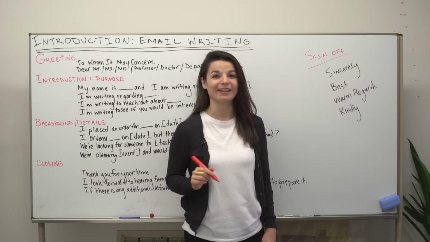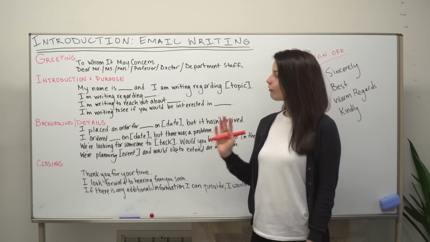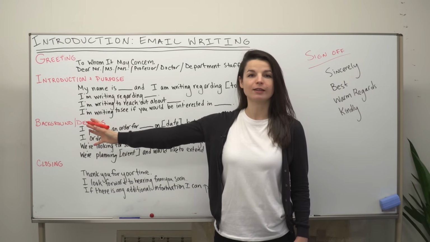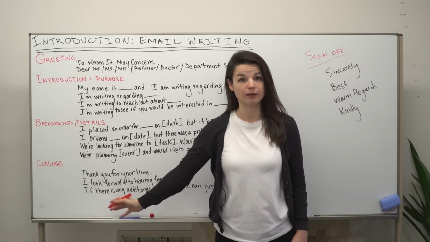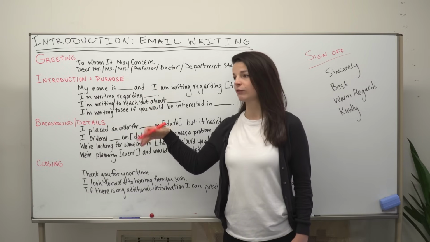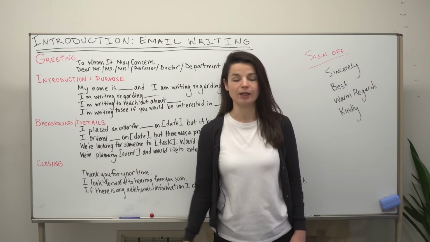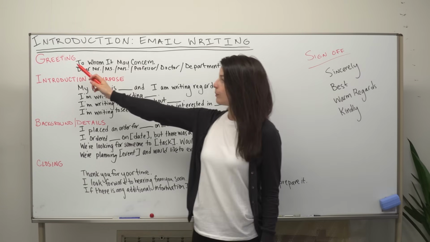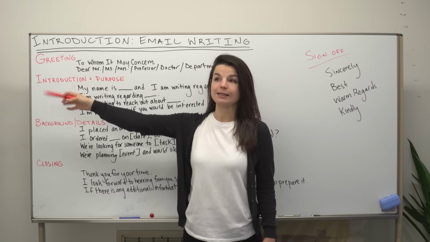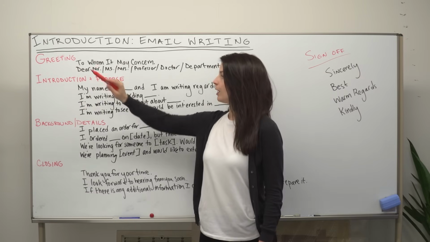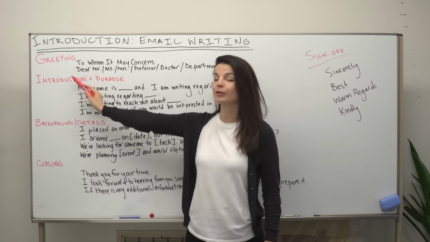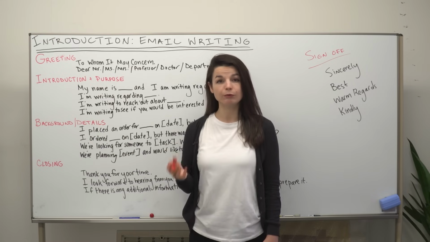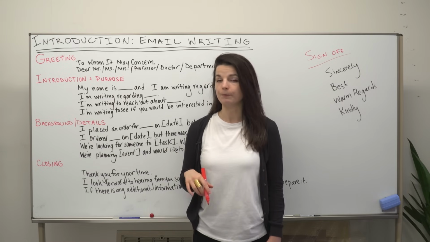So let's get started. All right, first I want to take a look at the general format, the basic parts of an email, at least in terms of American English business emails. Simply put, we begin with a greeting, a simple greeting, the dear part of your letter. A greeting, perhaps then an introductory phrase or something that introduces the purpose, the reason you are writing the email.